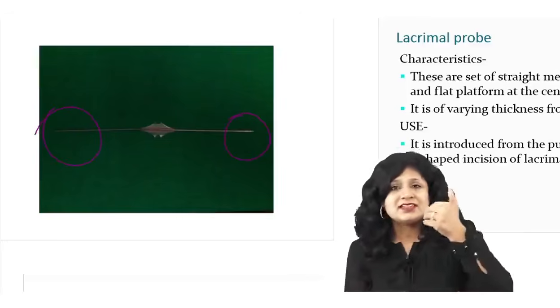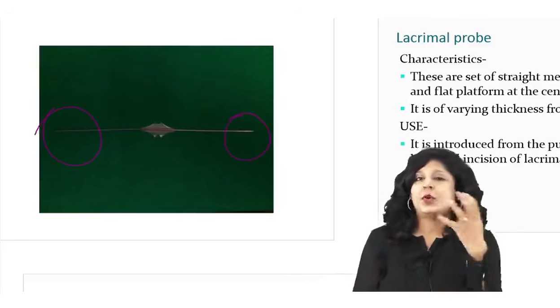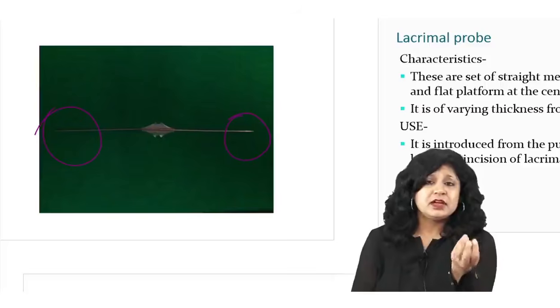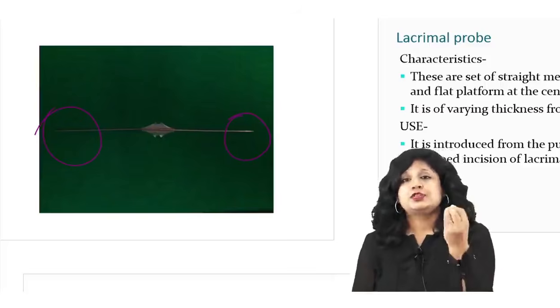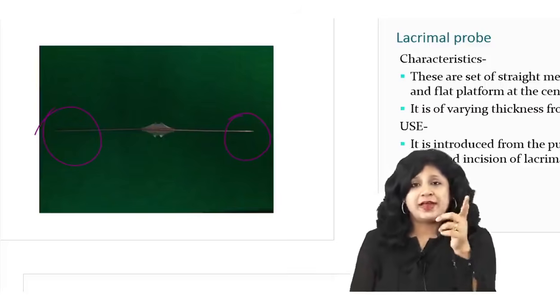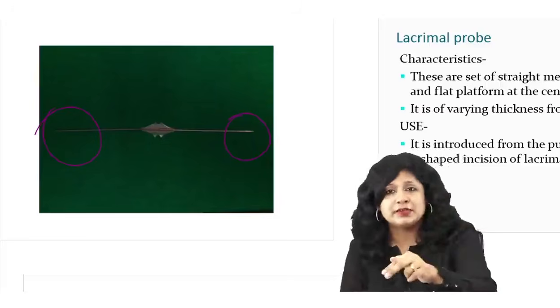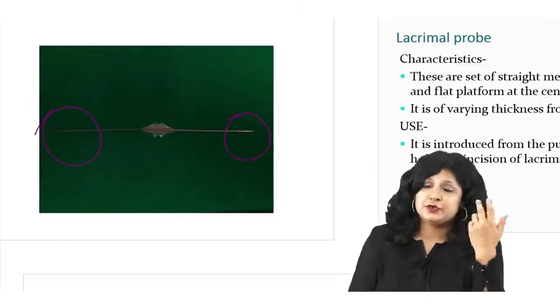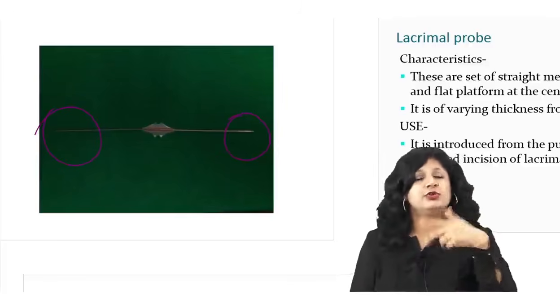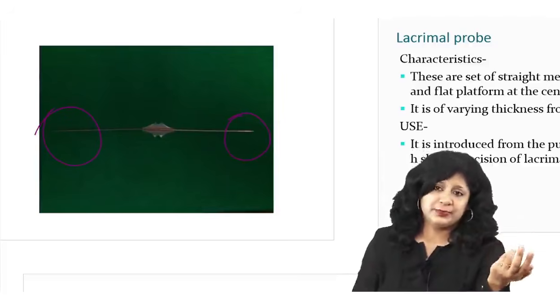One is slightly blunted, one is slightly fine tipped. So you can use either way. If you feel like the thinner one is not able to go, then you can go with the blunt one. Initially, if you feel that even that can go, then you can start with the larger lumen also.